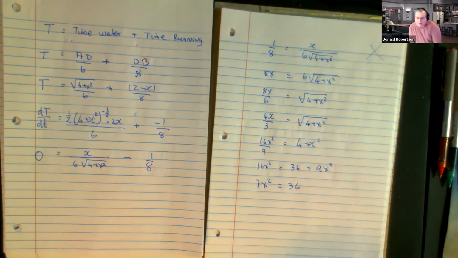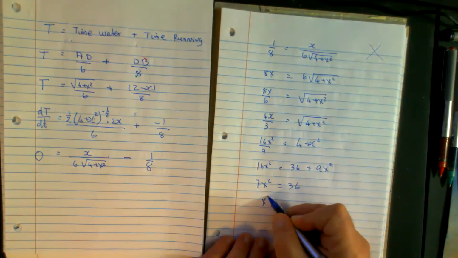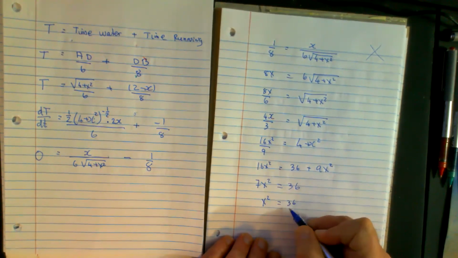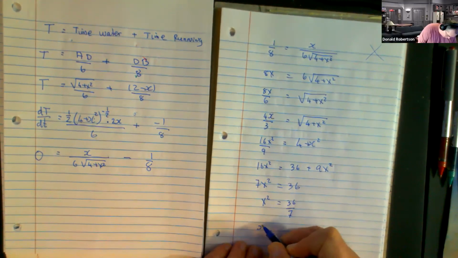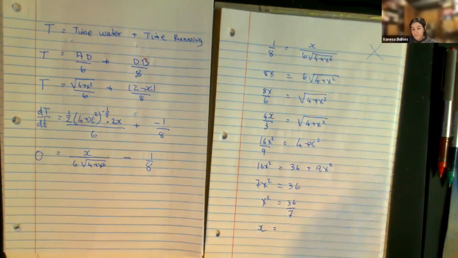Right, so we got to there. So what do we do next? Divide by 7. I know it took a long time, but we did get there, didn't we? What do we do now? Take the square root.